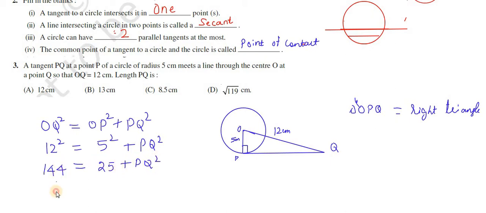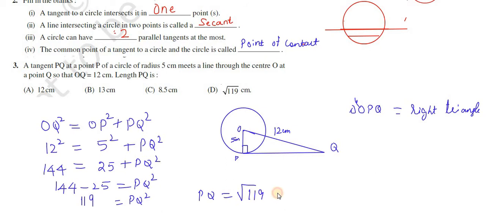So 144 minus 25 is equal to PQ square. 144 minus 25 is 119, which is equal to PQ square. Therefore PQ is equal to square root of 119 centimeter. So option D is the correct answer.